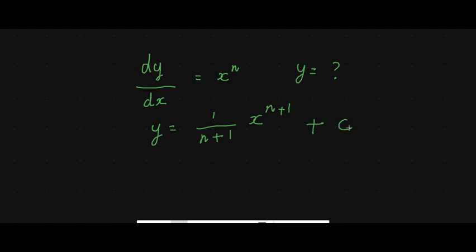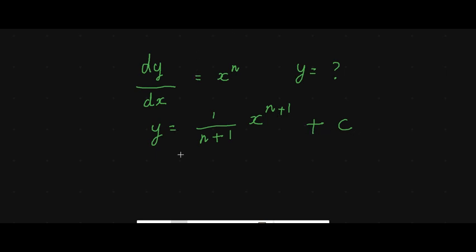So you don't know y, but the formula says y is actually 1 by n plus 1 multiplied by x to the power of n plus 1, plus a constant.